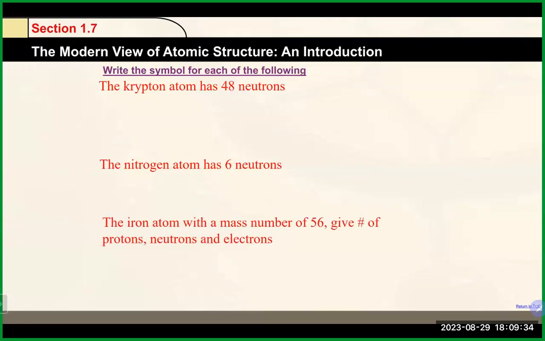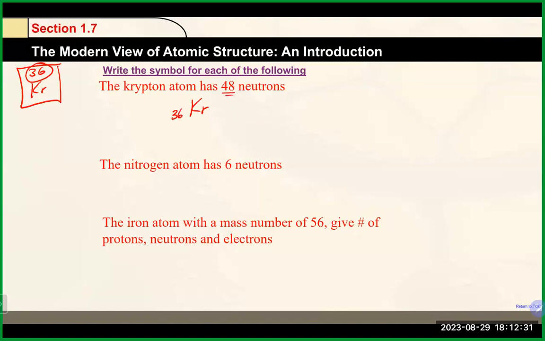All right, then let's take a look at a few more here. For each of these, let's write the symbol with the mass number and atomic number based on the information. We'll start with krypton. If we go to the periodic table, krypton there is 36. That 36 on top is going to be its atomic number, which means we should put that on the bottom.